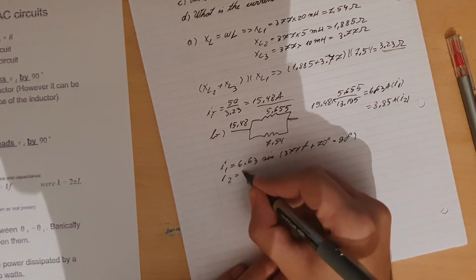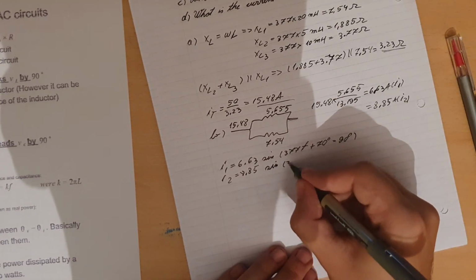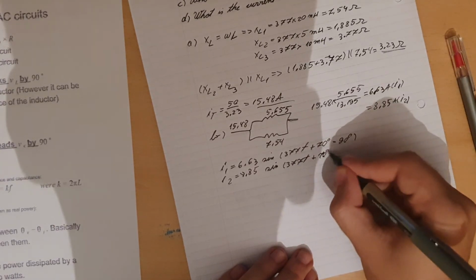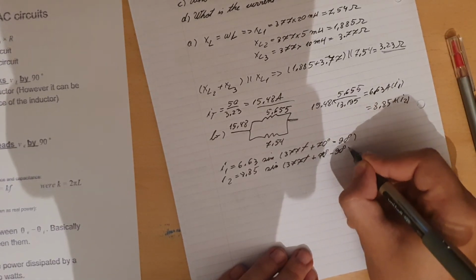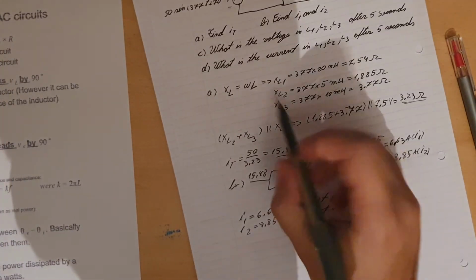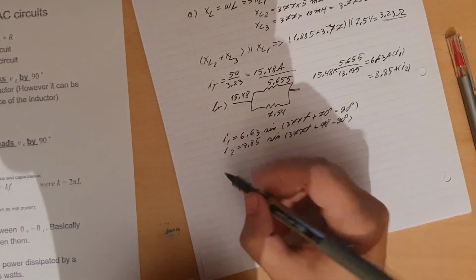I2 is equal to 8.85 sine 377t plus 70 degrees minus 90 degrees. And we are going to use these two values later when we try to find the current going through the inductors. All right, now let's find the voltage.